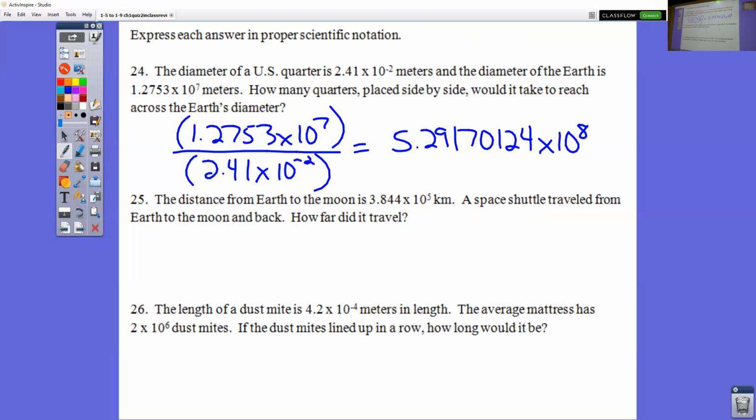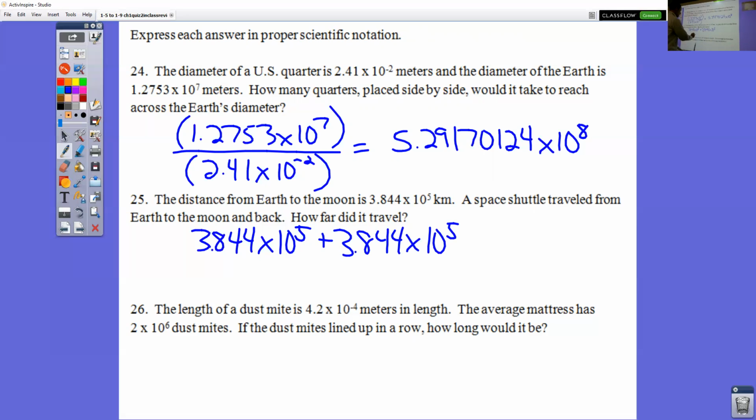In question number 25, the distance from the Earth to the Moon is 3.84 times 10 to the 5th kilometers. A space shuttle traveled from the Earth to the Moon and back. How far did it travel? There are two different ways to do this. The distance from the Earth to the Moon is this. You're traveling that distance twice. So one way to do this problem is to add those two numbers together.